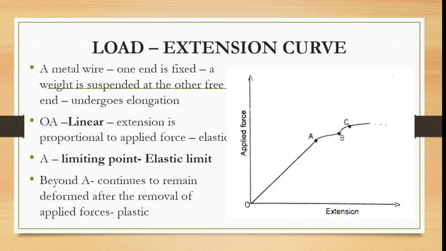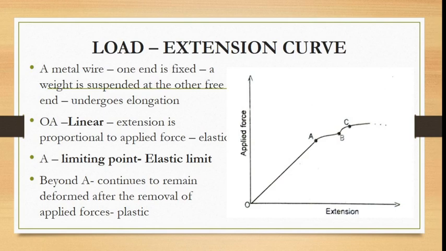So this graph is familiar to you. It's a load extension graph or load extension curve, where we suppose a metal wire such as a copper wire or steel wire whose one end is rigidly fixed to a support, and at the other free end a weight is suspended.